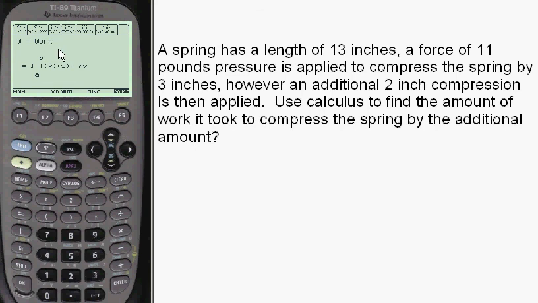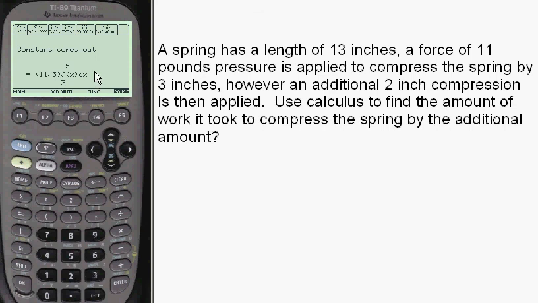And the work is the integral from a to b of the function, and the function is kx, the spring constant times the compression, dx. We're going to integrate with respect to x. We put in the limits. The limit is 3, and when you add 3 and 2 you get 5. So in calculus we have 3 to 5 for the limits of integration. And here's the k and the x, okay?